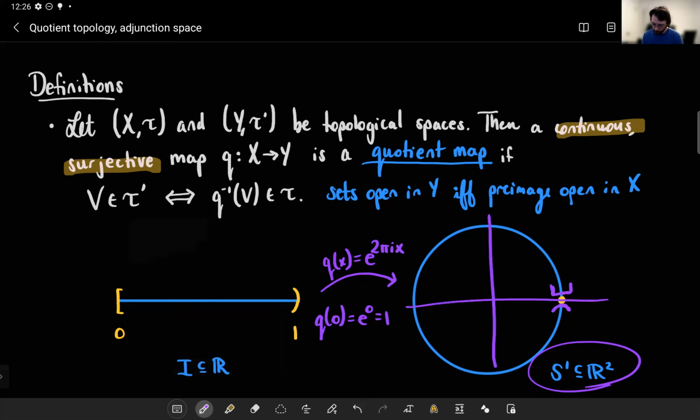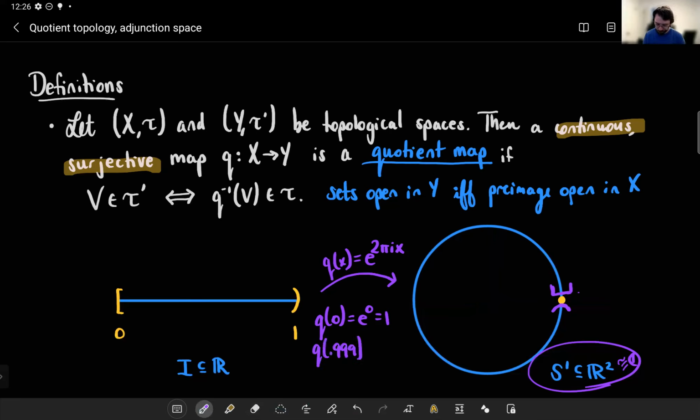And I wrote this was R2, but you could just as easily think about it as the complex plane. And in that case, this is the point 1 in the complex plane, or if you want to write it as (1, 0), feel free. 1 plus 0i, however you want to think of it.